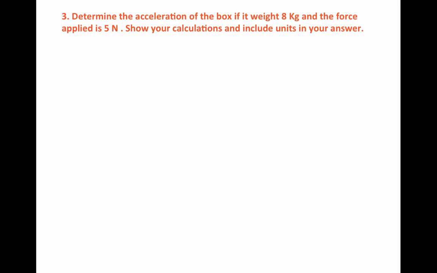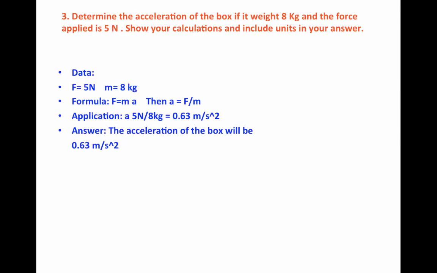Determine the acceleration of the box if its mass is 8 kilograms and the force applied is 5 newtons. Show your calculation and include units in your answer. Data: the force is 5 newtons, the mass is 8 kilograms. The formula: force equals mass times acceleration.